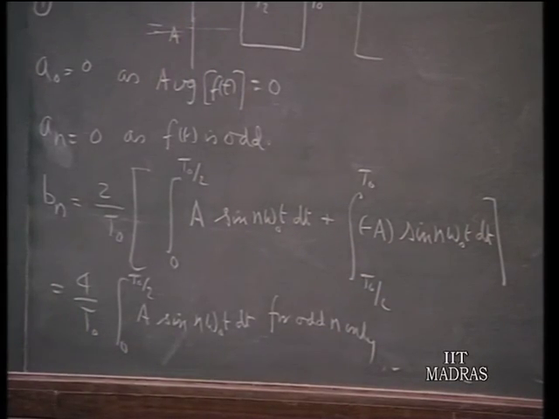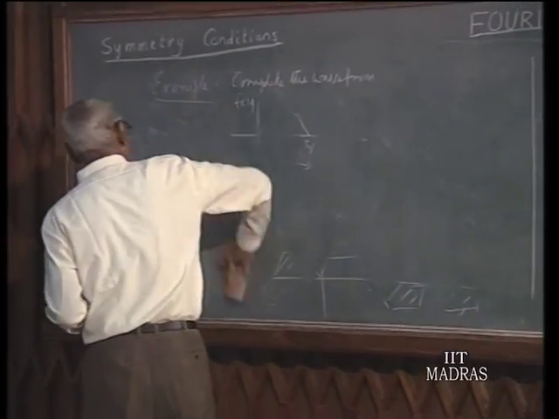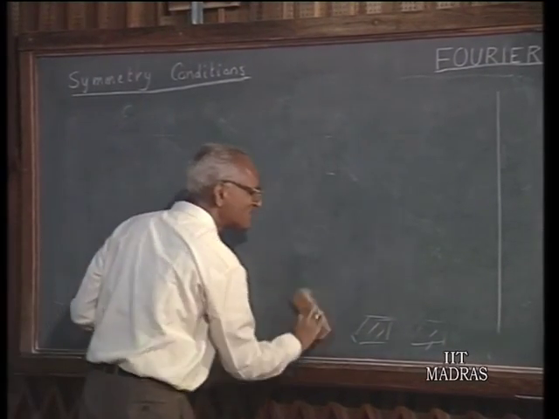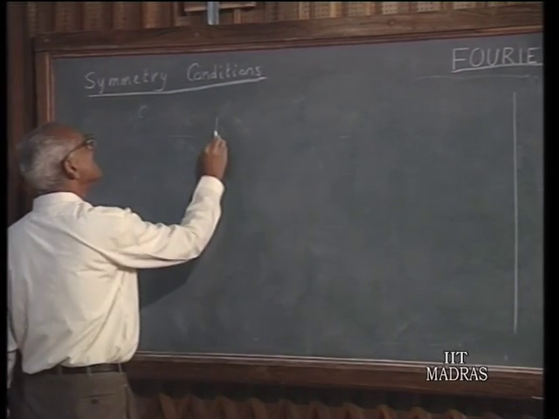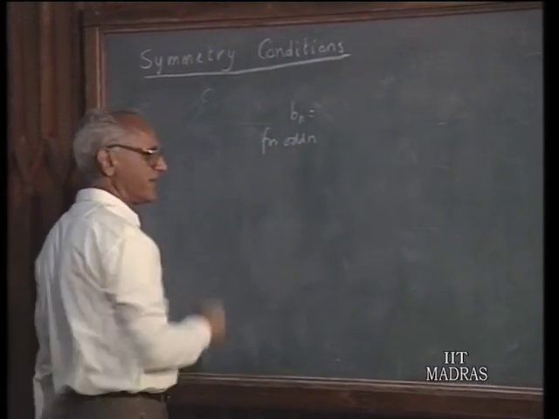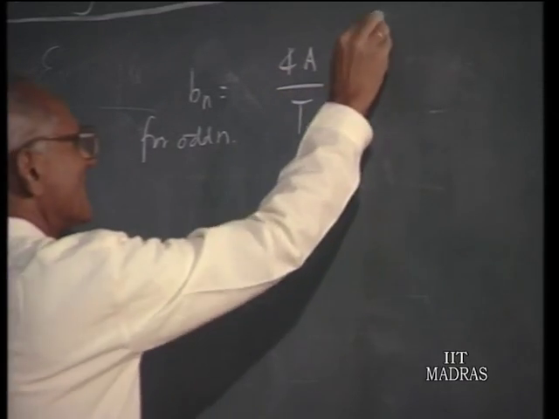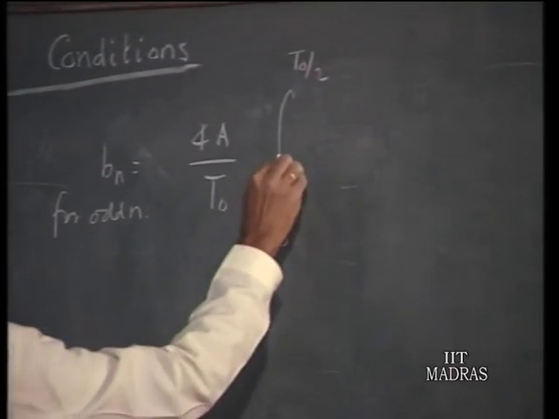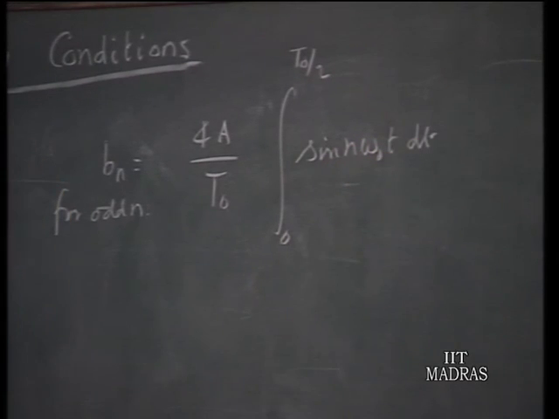So, if you work this out, then Bn for odd n will be 4a by T naught, integral 0 to T naught upon 2, sin n omega naught t dt.